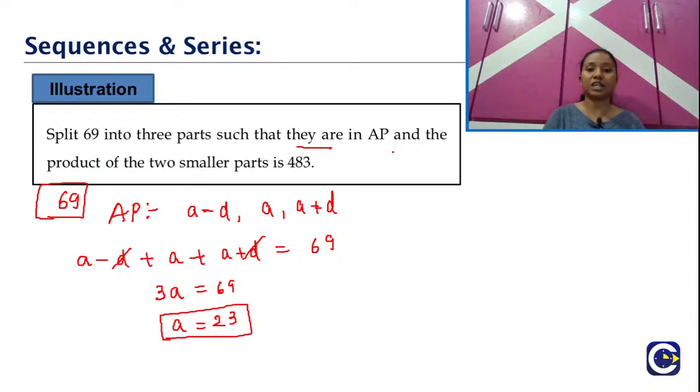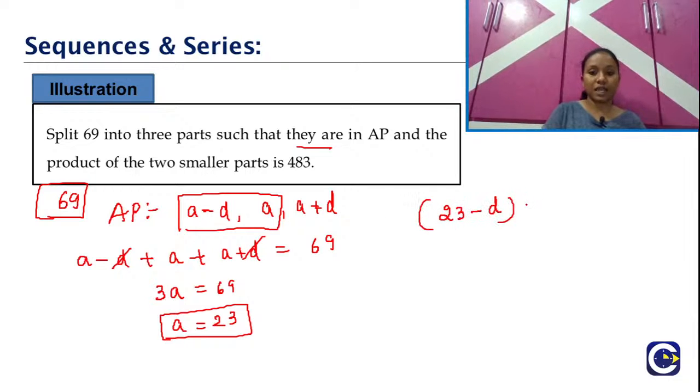Let's read out the second condition: the product of the two smaller parts is 483. What are the two smaller parts here? It's obvious that a minus d and a will be the smaller parts. That means a minus d, that is 23 minus d, into a, that is 23, will be equal to 483.